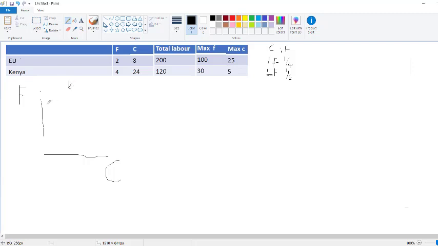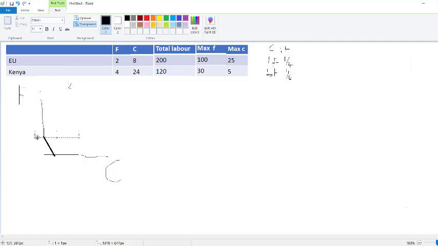The maximum food that we could produce in Kenya was 30, and the maximum chemicals that we could produce in Kenya was 5. Just randomly putting values there. So we draw that line in. This here is 30. This here is 5.